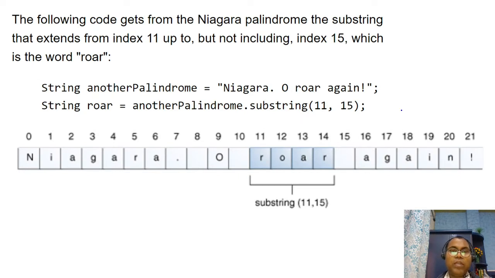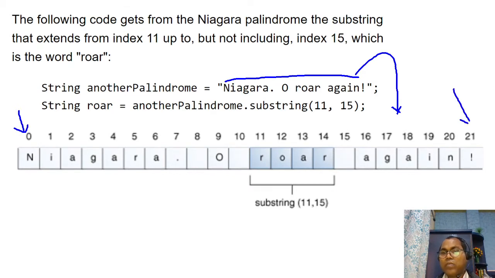Similarly, here we have a string, which is represented as a sequence of characters. The starting index is 0 and the last index is length minus 1. Now I call the string's substring method with a starting position and end position.